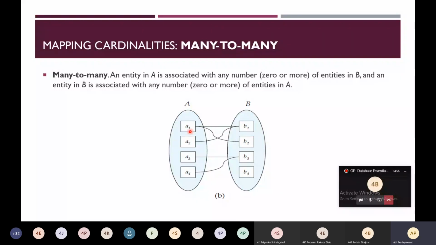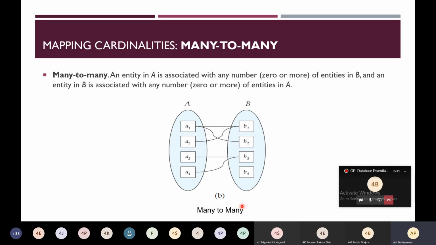One entity is associated with many entities in entity set B, whereas an entity present in B is associated with many entities present in entity set A. That's why it is called many to many.